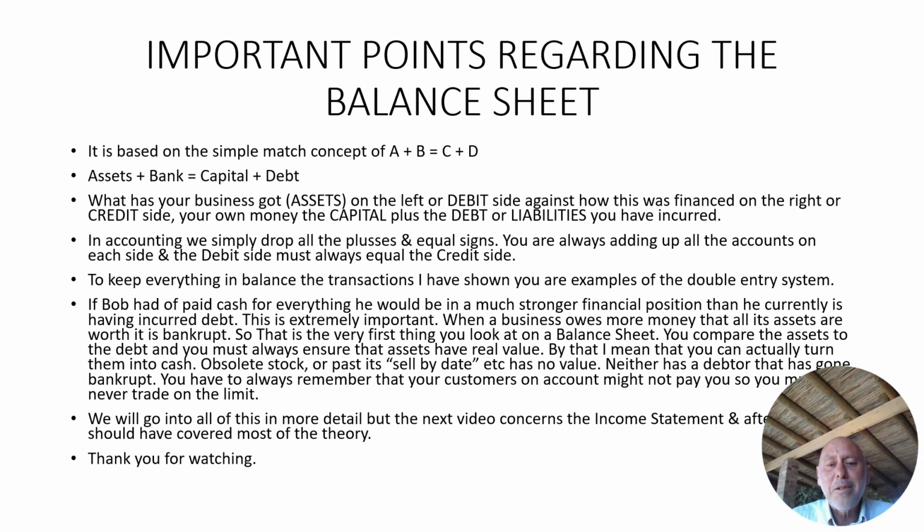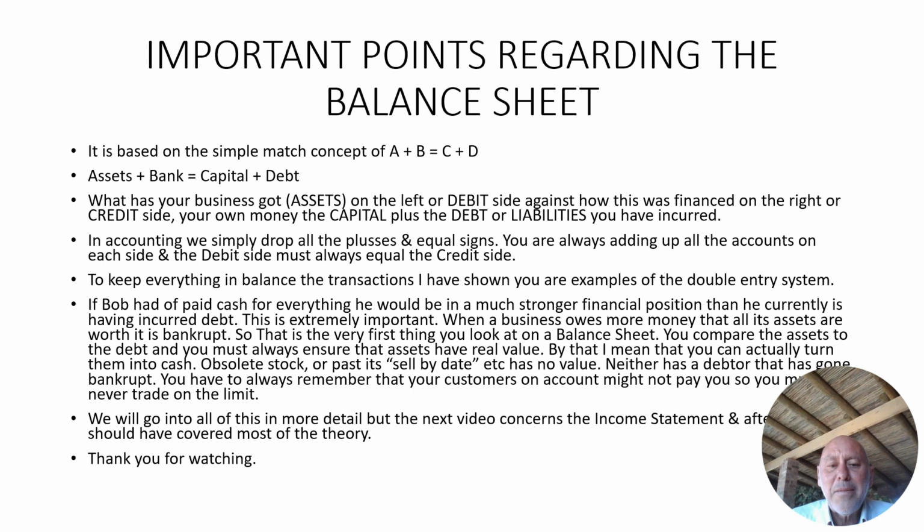And this is what I'm hoping, that this very simple maths concept, A plus B equals C plus D, so assets plus bank equals capital plus debt, is the very first thing that I've taught you.